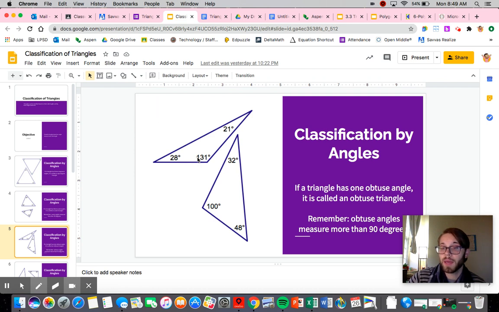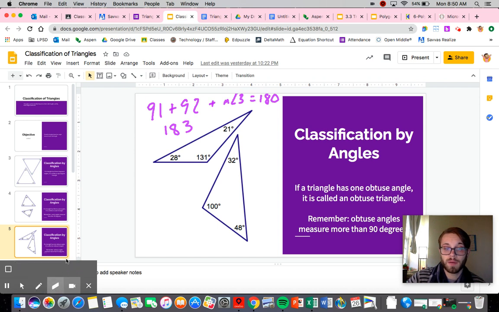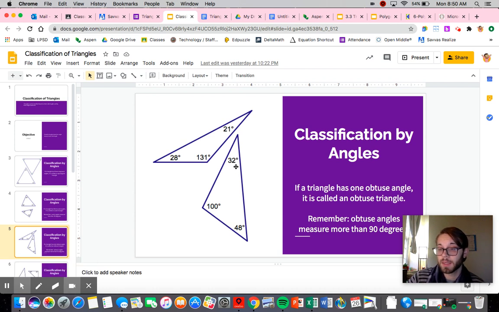So if we had two angles that were bigger than 90, let's say we had 91 and 92, and then we have our third angle, we're saying that has to be 180. However, this side is already 183. So if we have two angles that are bigger than 90, you're going to exceed your 180 degrees. Therefore, we can at most have one angle that is bigger than 90 degrees.